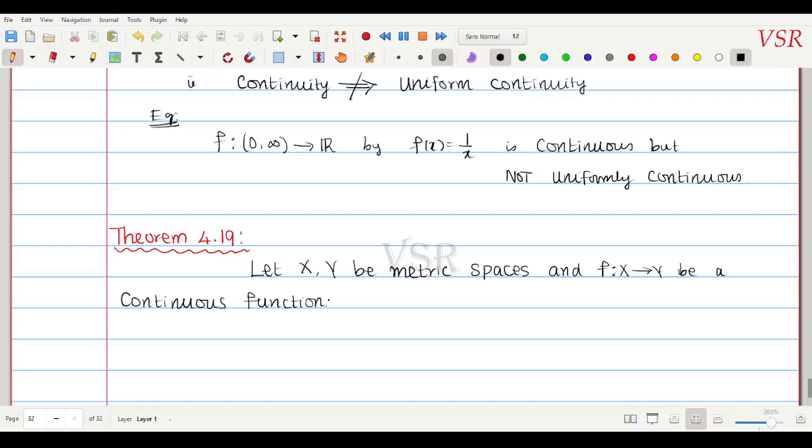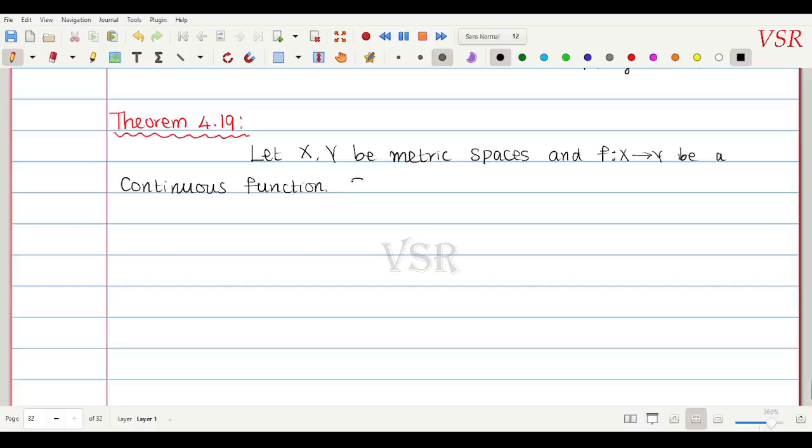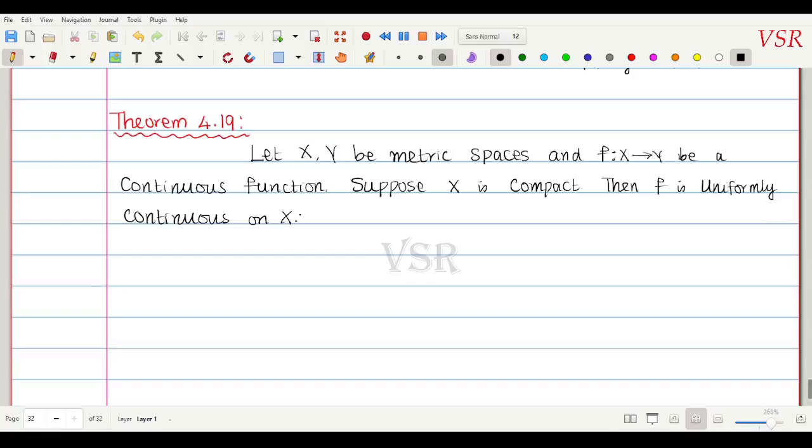Suppose X is compact. Then f is uniformly continuous on X. That is, if the domain is compact, every continuous function will become a uniformly continuous function.